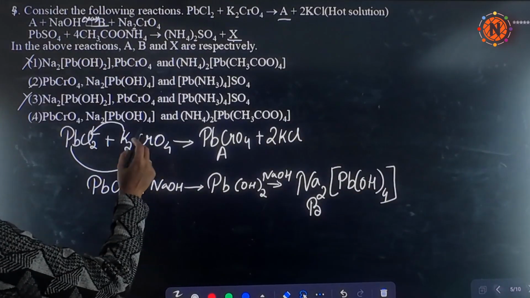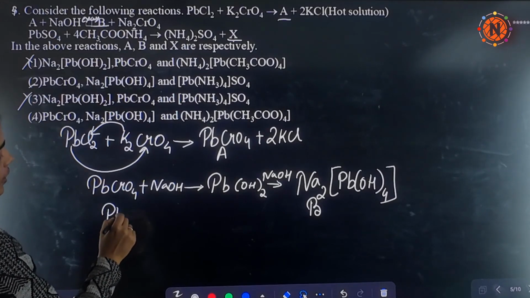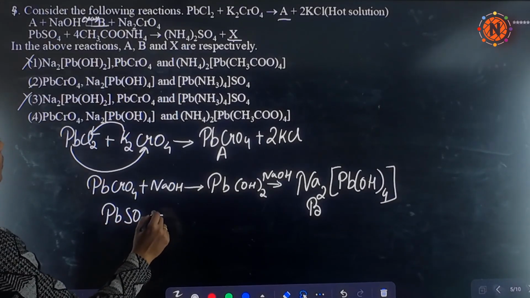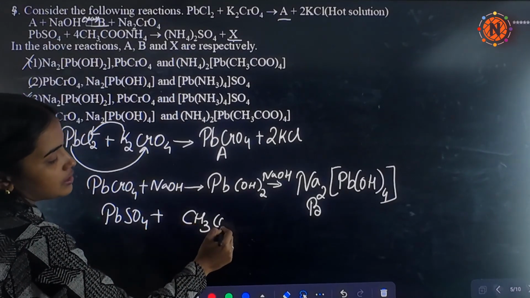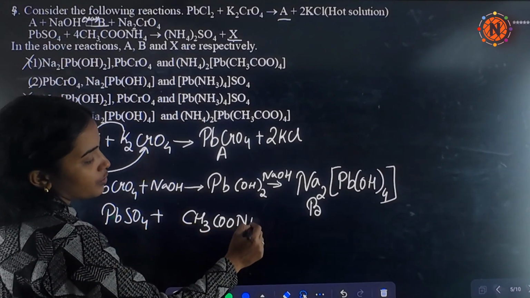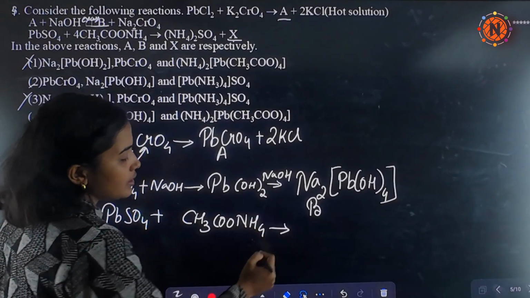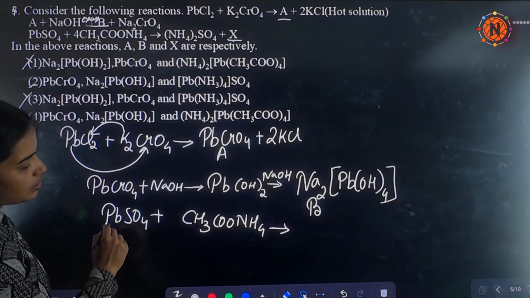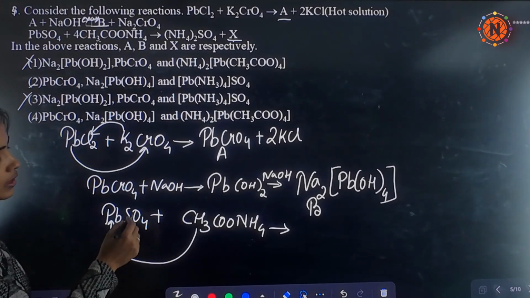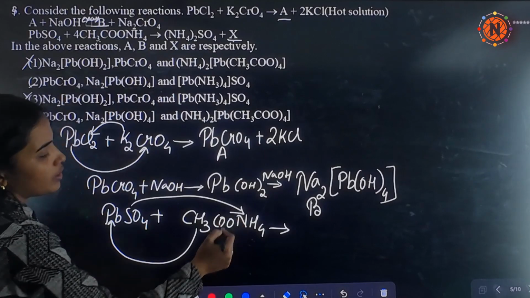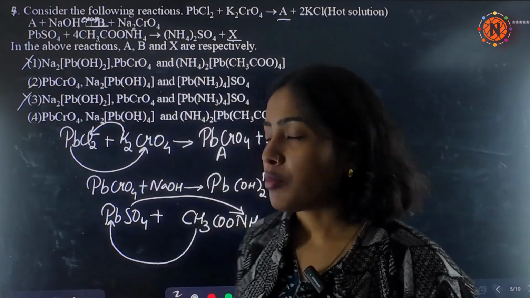Now when lead sulfate is reacted with ammonium acetate, CH3COONH4, throughout this reaction the acetate will come in contact with the lead and the sulfate will react with the ammonium.